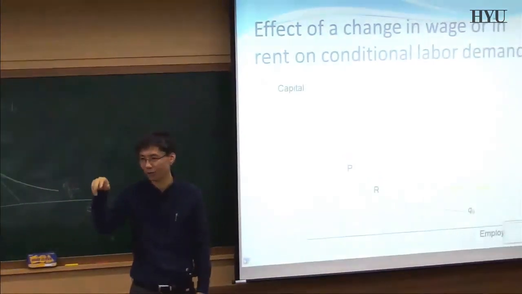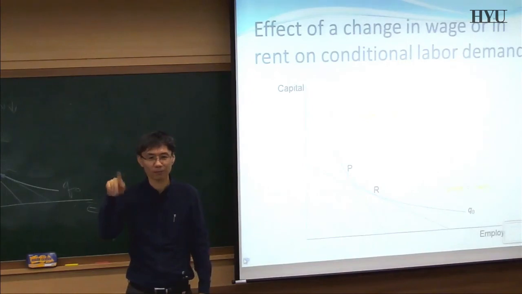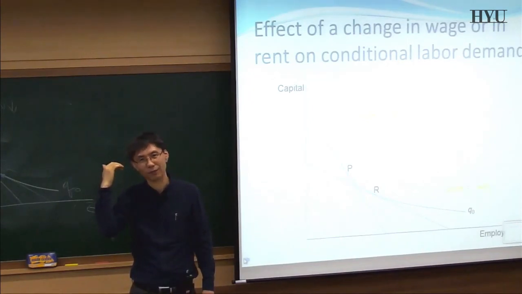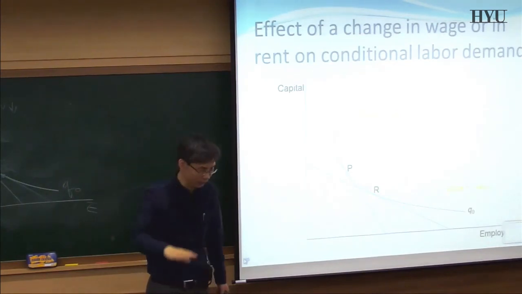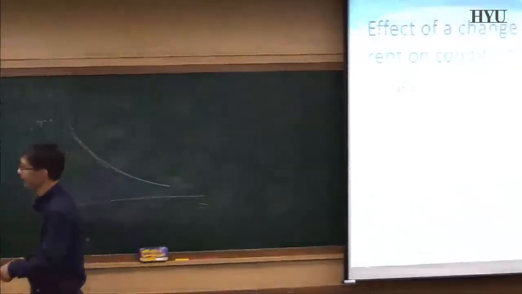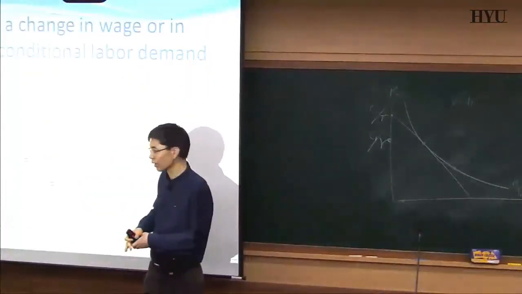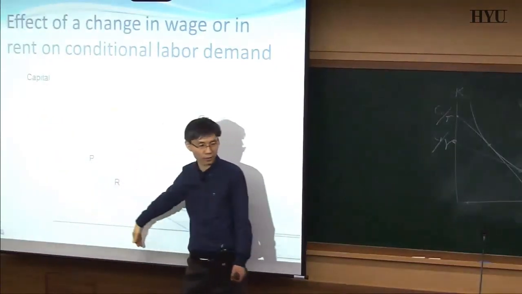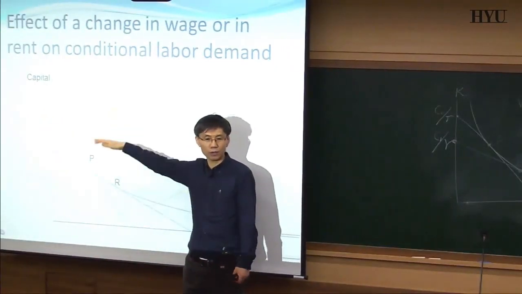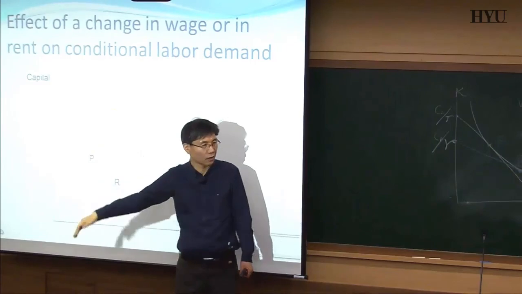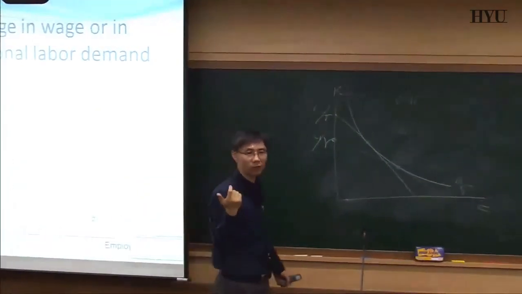Wage falls and rent goes up. Okay, you figured that out. So basically the basic way of looking at it is to look at these extreme points. If you look at these extreme points, then you can get a pretty good idea which one is greater, the total cost.